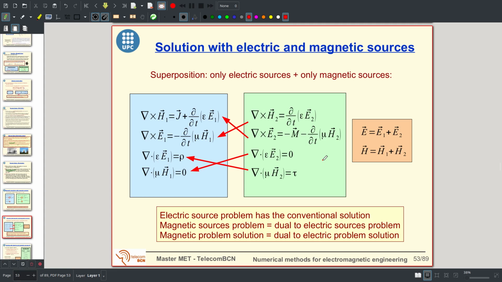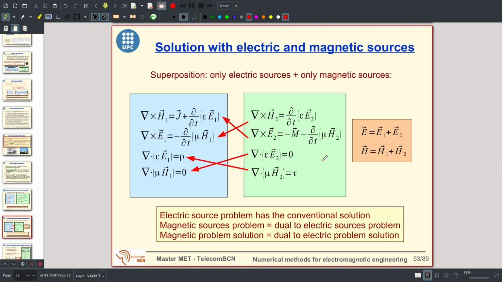Now we must be able to solve Maxwell equations having electric and magnetic sources. Solving the equations means that given a set of sources, we have to be able to compute the fields, electric and magnetic fields. Later I will show you how to solve Maxwell equations by using potentials, wave equation, Green's function, etc. I'll show you how to compute the electric and magnetic field from an electric current.